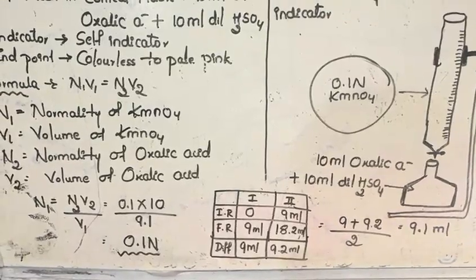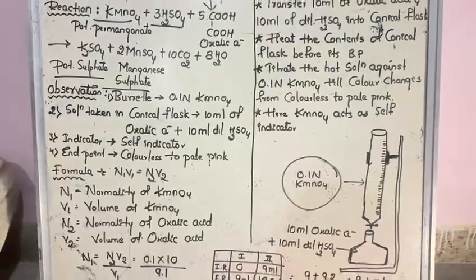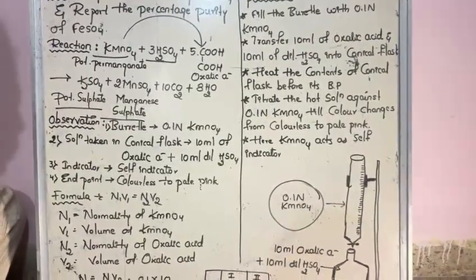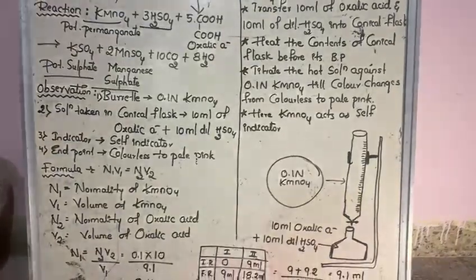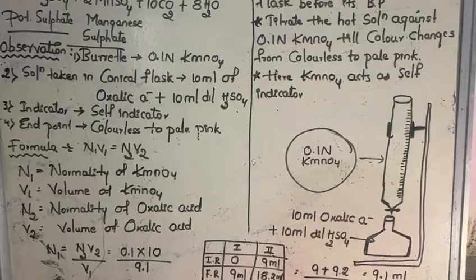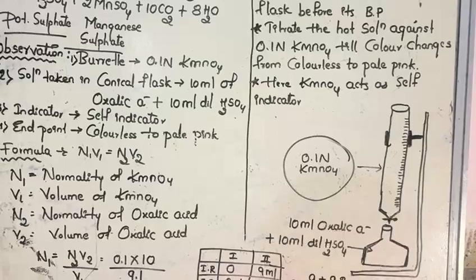The formula used to calculate the exact normality of potassium permanganate is N1V1 = N2V2, where N1 is the normality of KMnO₄, V1 is the volume of KMnO₄, N2 is the normality of oxalic acid, and V2 is the volume of oxalic acid.